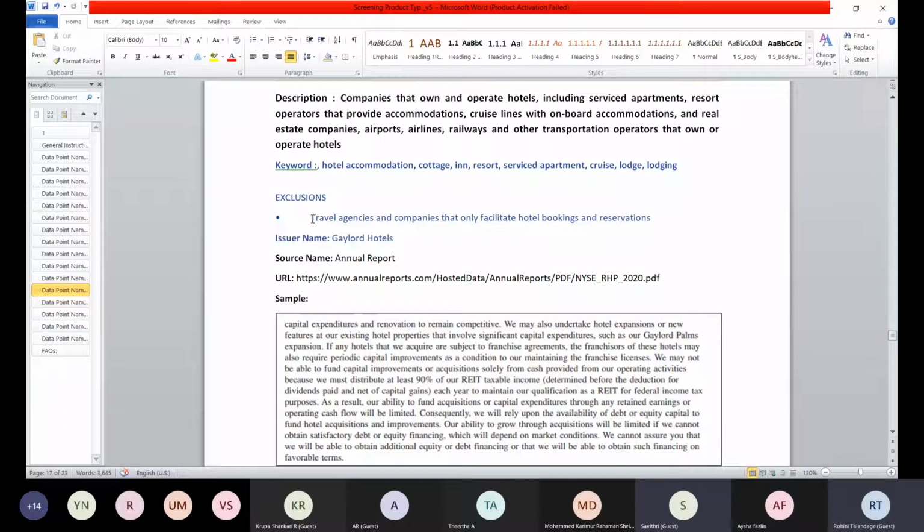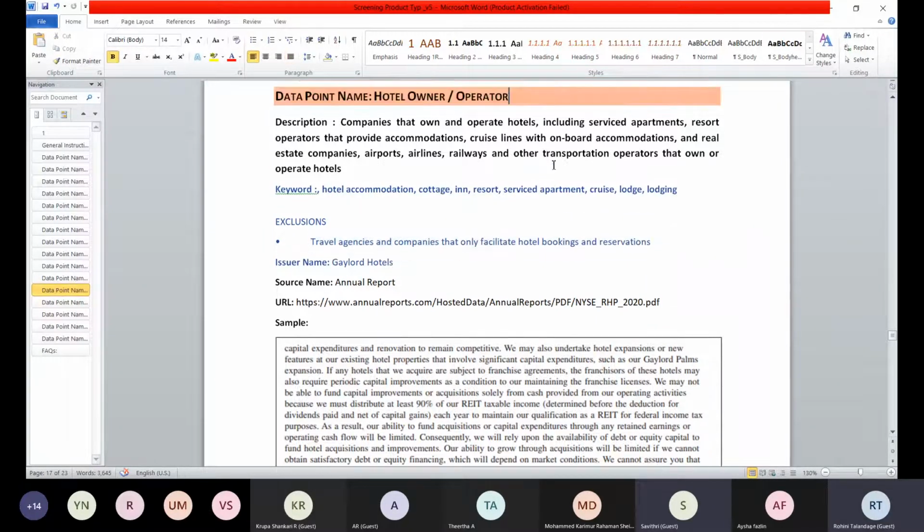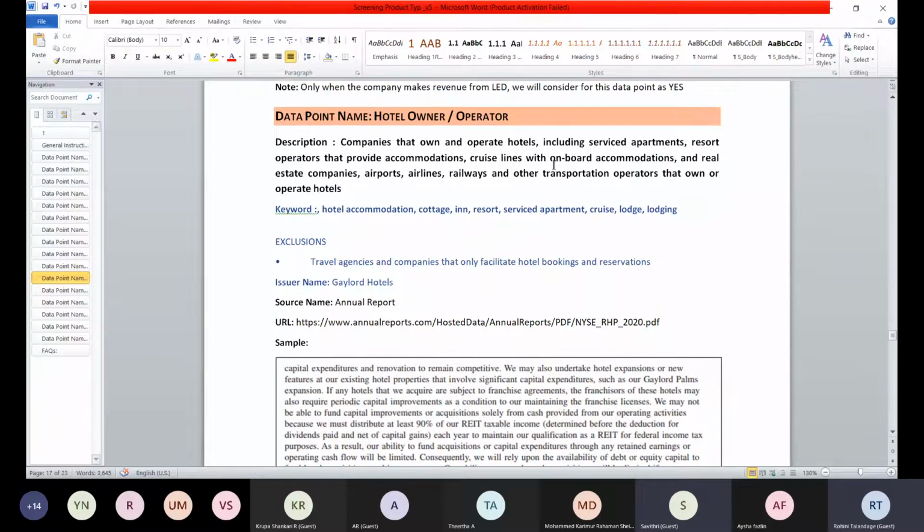They are just providing you the bookings from that hotel. So in that case we have to mark it as no. You need to specifically check whether that company is providing any hotel services or any hospitality services, accommodations, or any lodging facility. If they are providing, then only we have to mark it as yes.